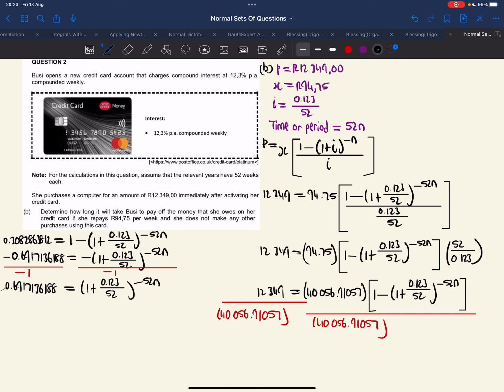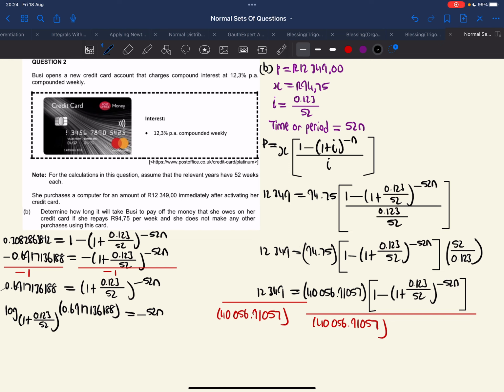So using your log laws, you say log of the base, which is 1 plus 0.123 over 52, of the answer 0.6917136188, and that is all equal to minus 52n.